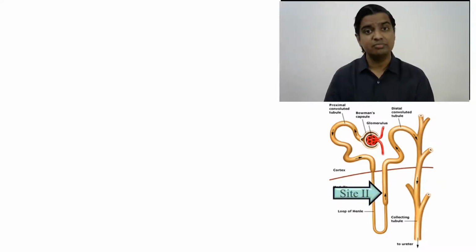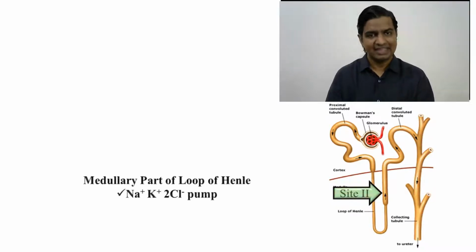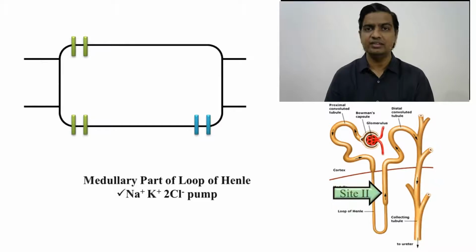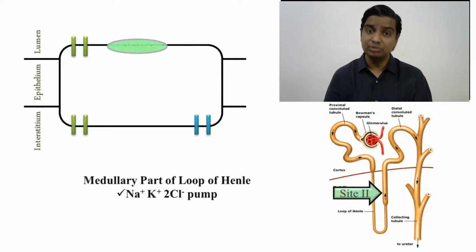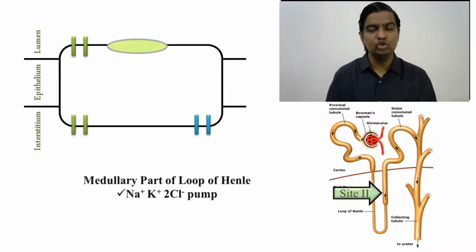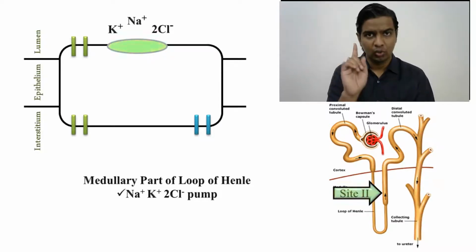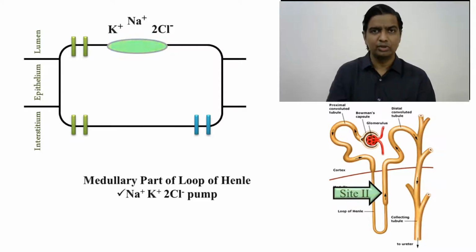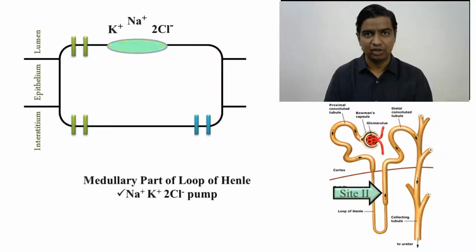Here, there is a special pump. This pump is called the Na+ K+ 2Cl- pump. Sodium, potassium, 2-chloride pump. This is how the pump works. From the fluid present in the lumen of the ascending limb of the loop of Henle, 1 sodium, 1 potassium and 2 chloride ions attach to this pump on the luminal side.